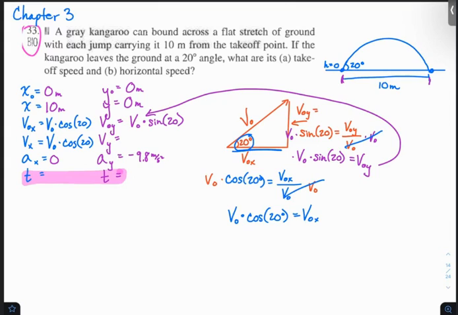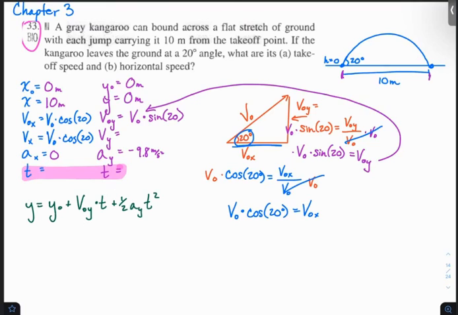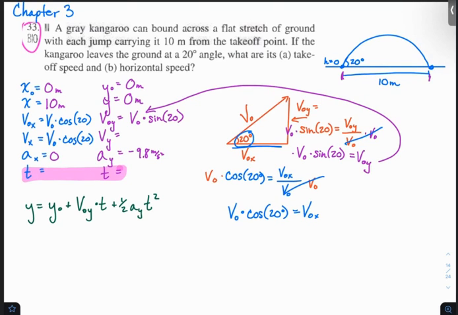So let's start by figuring something else out. Let's write the equation for the y direction. My goal here is to solve for time. So I either need to use the first equation or the second one, but I don't know my ending velocity in the y direction, so I'm going to choose to use the second equation, which is this one. I went ahead and wrote it out, and now I just need to substitute in my numbers. My ending y position is 0, and my starting y position is 0.